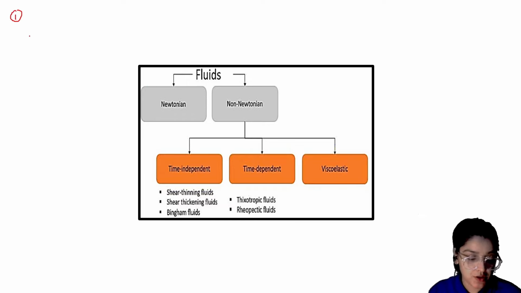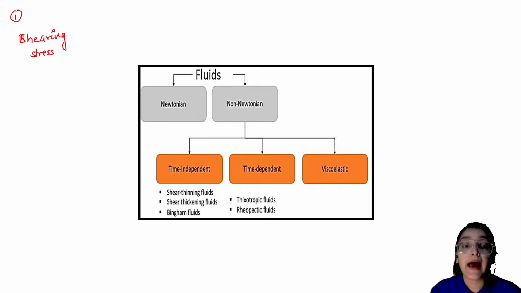I have mentioned that if the fluids follow a very simple relationship where the shearing stress is found proportional to the rate of shear, this is termed a Newtonian fluid.